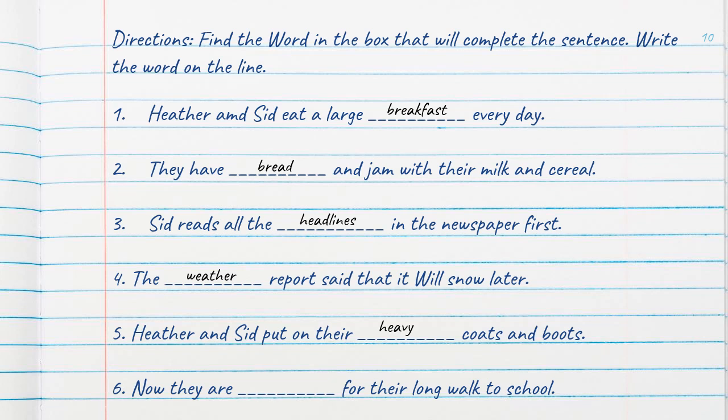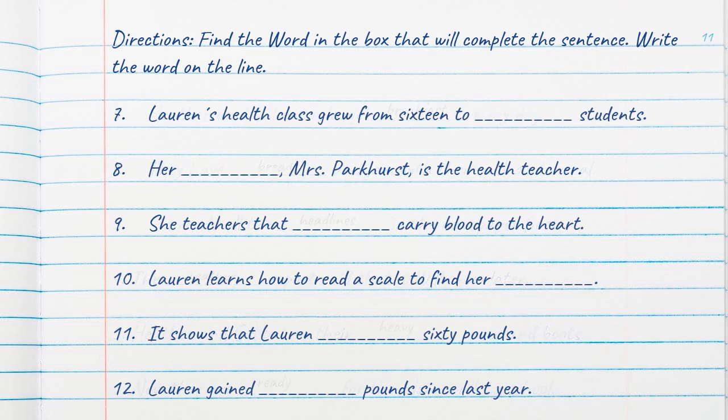And finally, number 6. Now they are for their long walk to school. Now they are ready. That's right. It was the last word of their long walk to school. Great job, guys. Okay, let's continue.